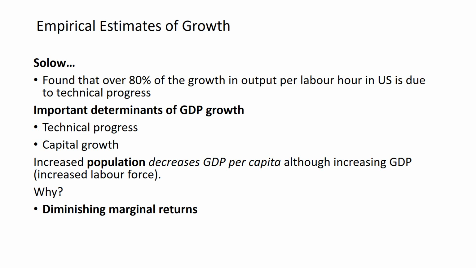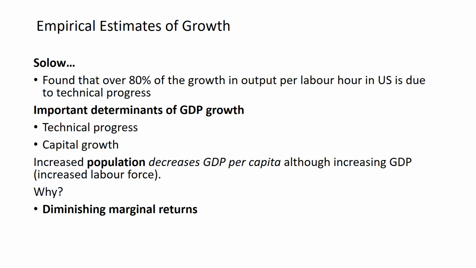If you have more labor, you can clearly produce more output, but output will increase at a decreasing rate. In addition, if you then have to take that total output, which is increasing at a decreasing rate, and divide it by a population size, which is getting bigger and bigger as the population grows, you will see that eventually GDP per person might decline.